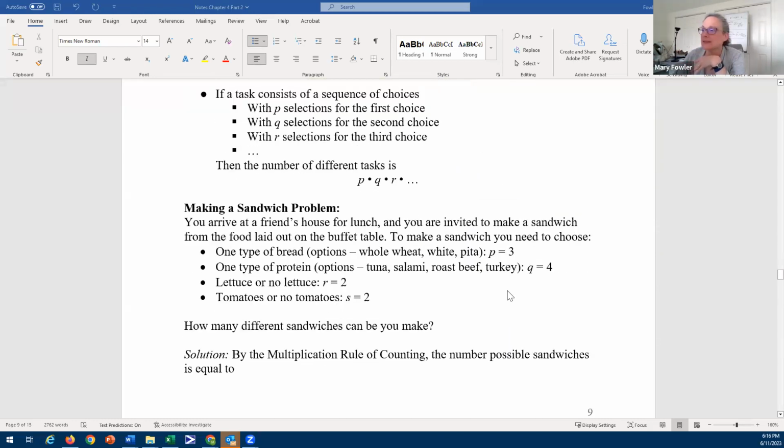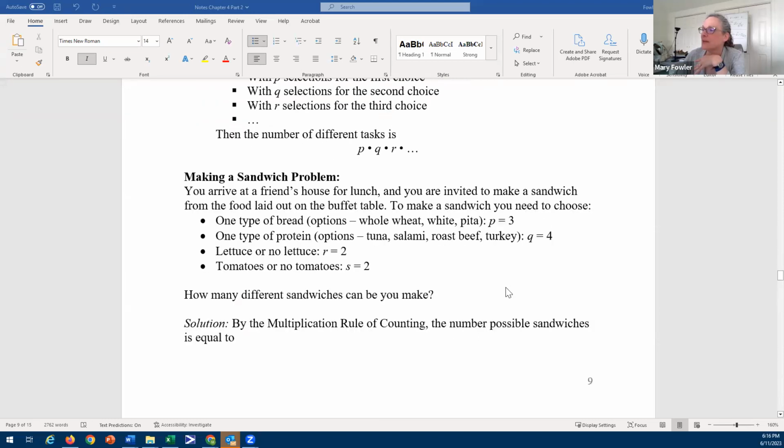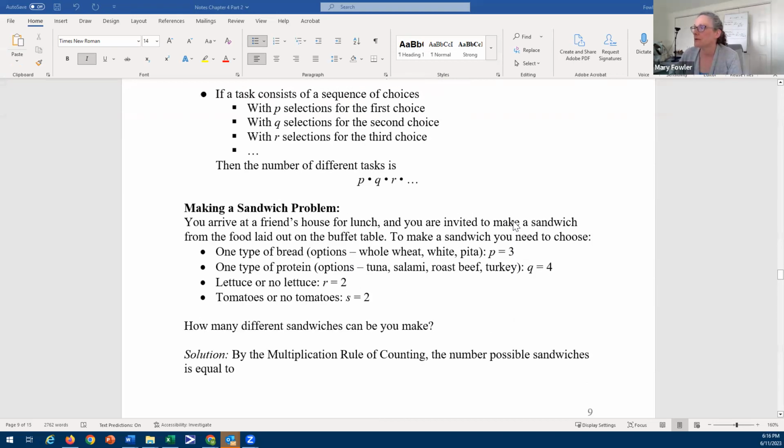So let's go back to the sandwich making problem again. You arrive at a friend's house and you have to choose a type of bread, and there are 3 types of bread. So in this case, the first choice is bread, and P is equal to 3. Then you have to choose a type of protein, one of these 4. So Q is equal to 4. Now you have another choice: lettuce or no lettuce. That's 2 options. And then tomatoes or no tomatoes.